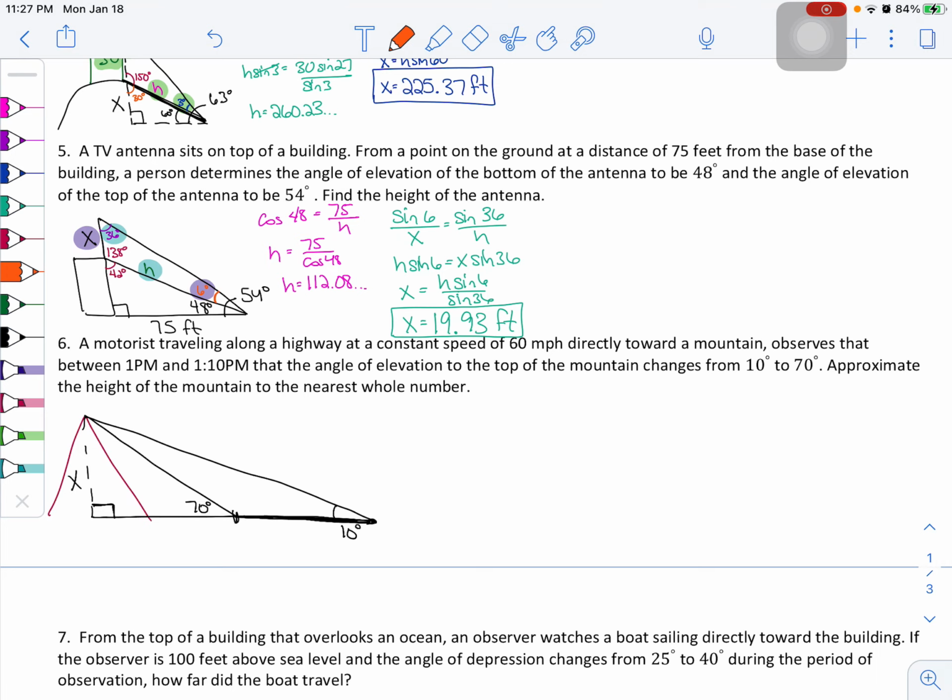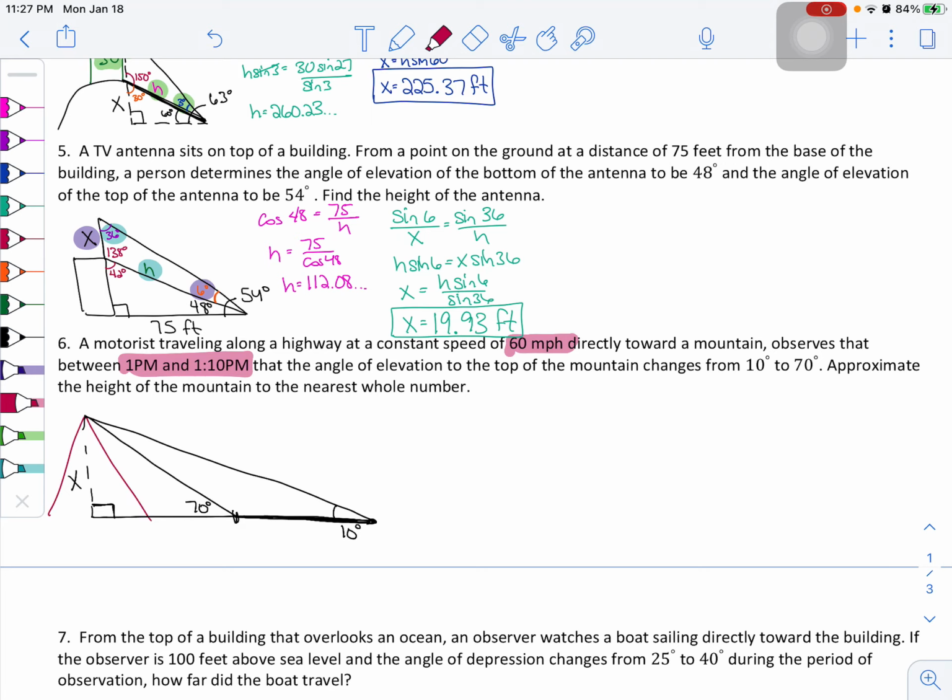One thing to keep in mind, there's going to be a little bit of logic. If you are traveling 60 miles per hour and 10 minutes have passed, 60 miles an hour means you are traveling 1 mile per minute. There are 60 minutes in an hour.